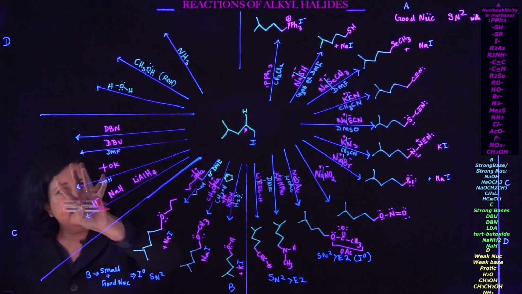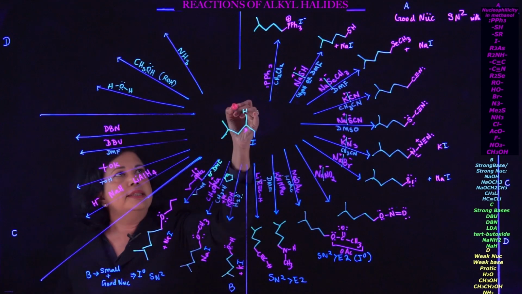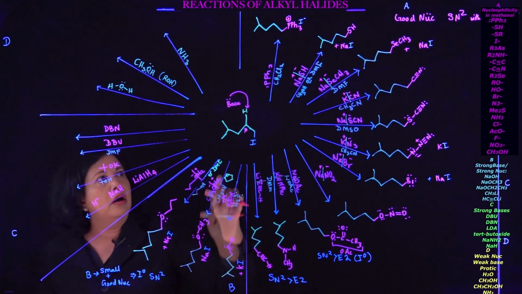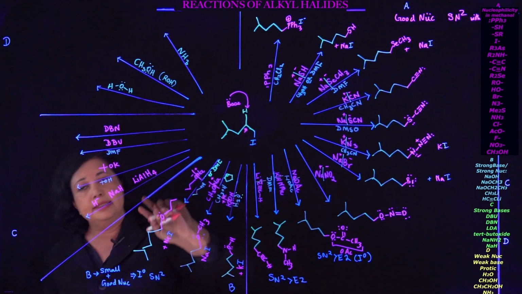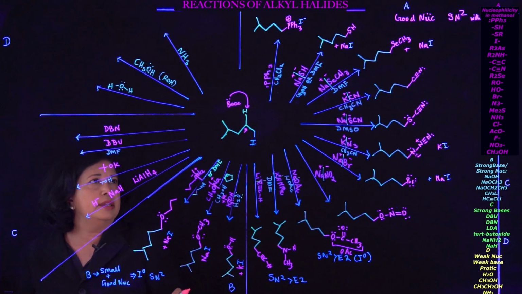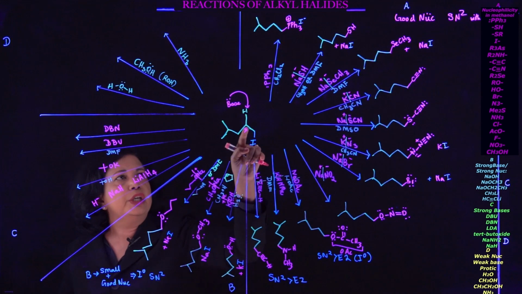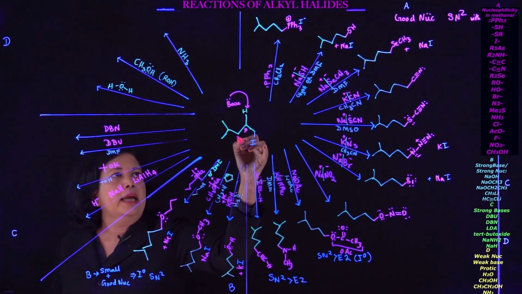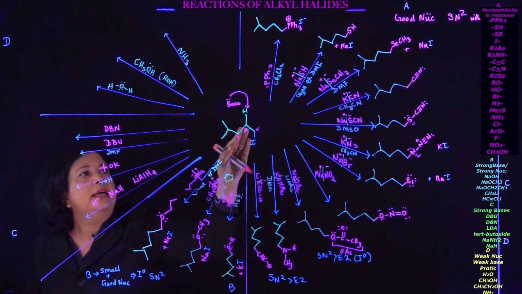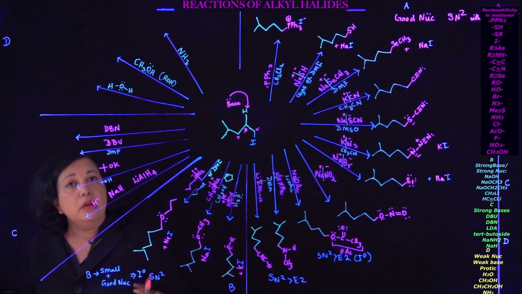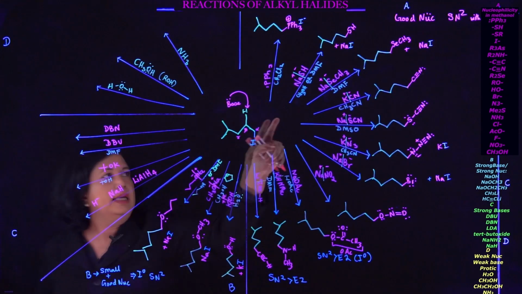So the bases here are only going to be bases. They come in and pull off the hydrogen on the beta, not the gamma or delta. Another thing is if you have branching on the beta or the gamma, this being the alpha, the branching would also really slow down SN2.